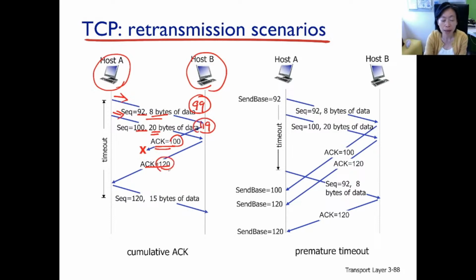Now, in this scenario, we are trying to demonstrate the strengths of using cumulative ACK. That is here, if one of the back-to-back packets that came in earlier, its ACK is lost, but as long as one of the later ones arrived, because 120 here is saying, you know what?